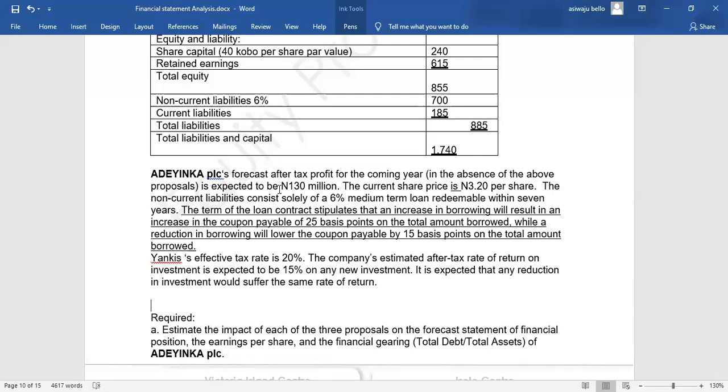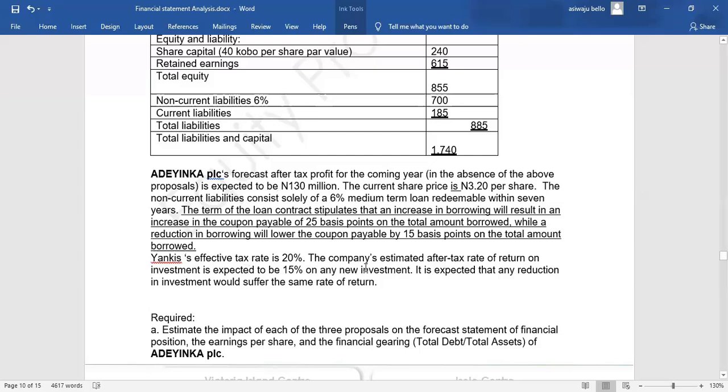That means interest has been calculated at 6% before. Tax has been computed. But because we are now increasing our borrowing, the condition says anytime you increase your borrowing, you are going to pay extra interest, 25 basis points. We now need to compute the additional interest on the existing debt.